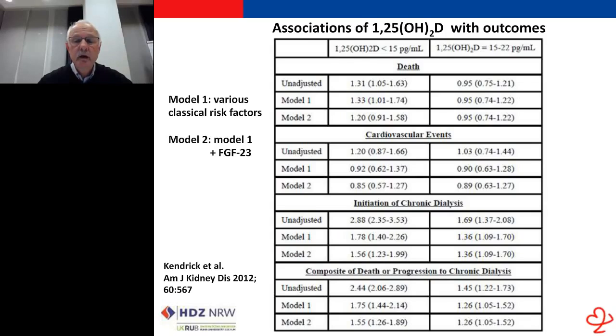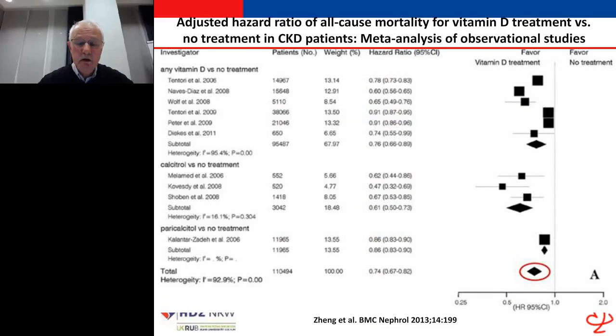And in the right-hand column, you can see that those with 1,25 dihydroxyvitamin D levels between 15 and 22 picograms per milliliter had a risk of death or progression to chronic dialysis in the intermediate range. So the 1,25 dihydroxyvitamin D is a good predictor for poor clinical outcome in patients with chronic kidney disease.